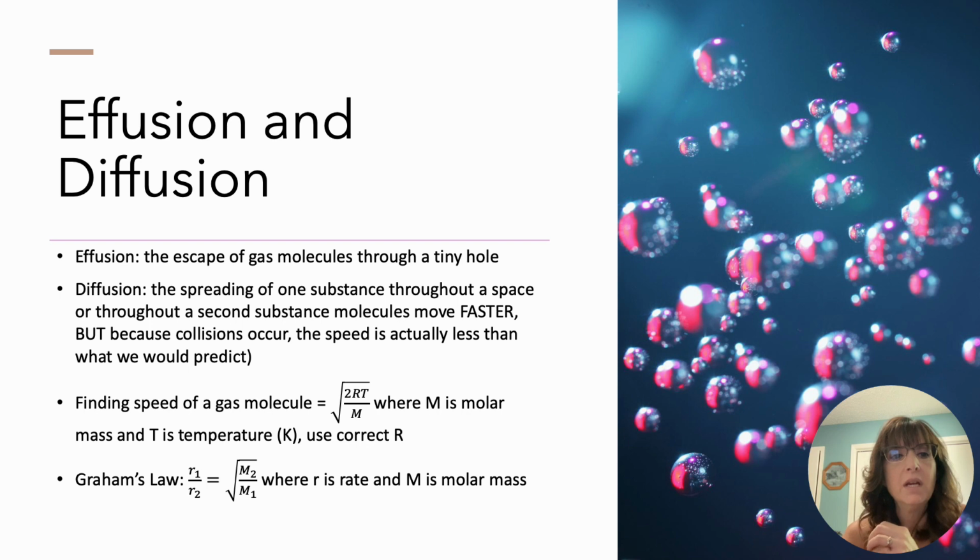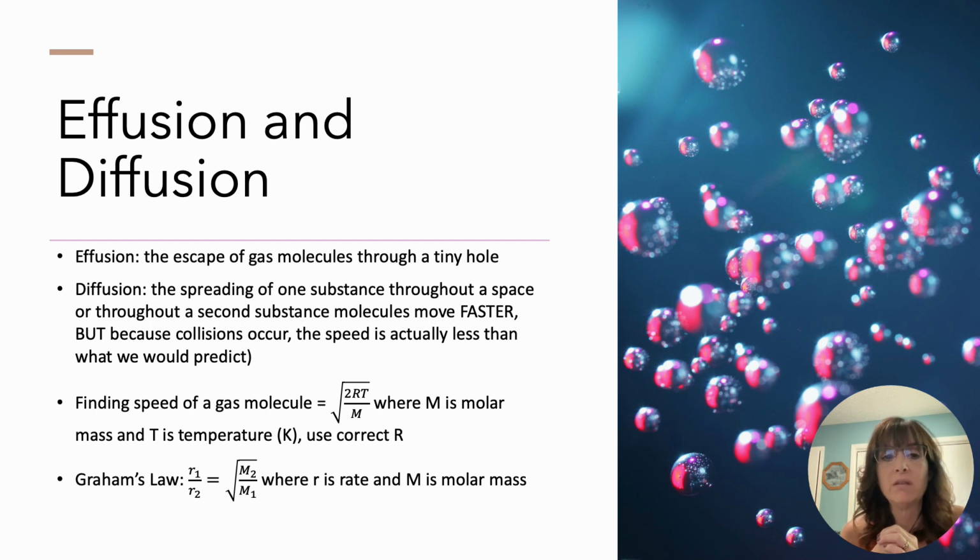That's it. There is a way to find the speed of a gas molecule, and you can use that equation right there, where R is, of course, one of the gas constants, T is in Kelvin, and M is the molar mass. In Graham's law, we did look at this in regular chemistry. Graham's law just relates the rates of two different gas molecules to their molar mass. Just notice that the rate for one, when you do the other side of the equation, the molar mass goes on the bottom.